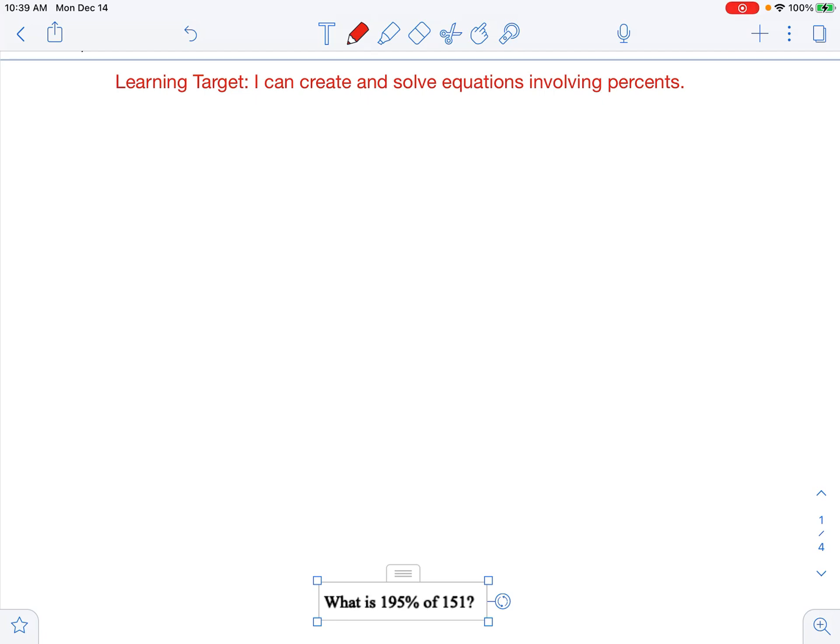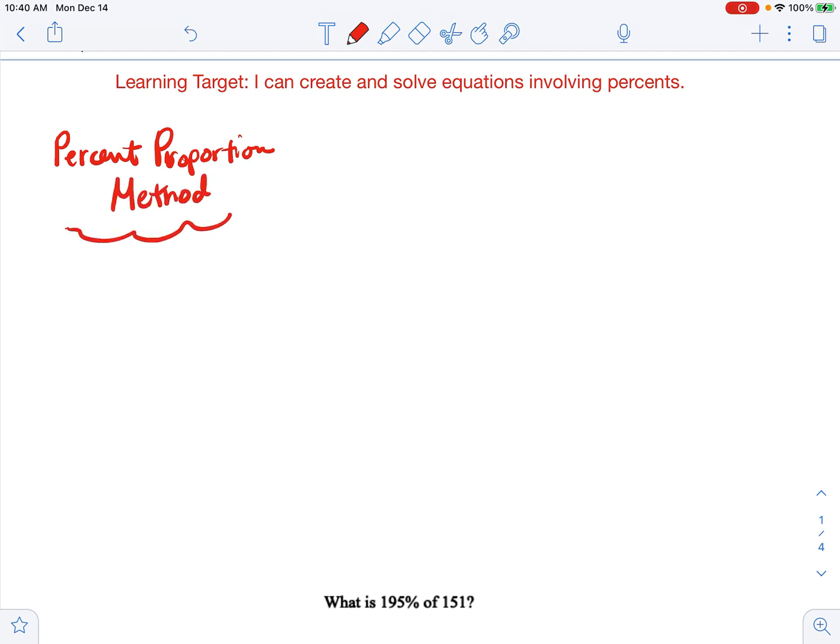And we're going to focus on two methods. There are two methods for solving and writing equations involving percents. We're going to talk about both of them today. The first one we're going to call the percent proportion method. And this involves setting up a proportion, which is just nothing more than two equal fractions.